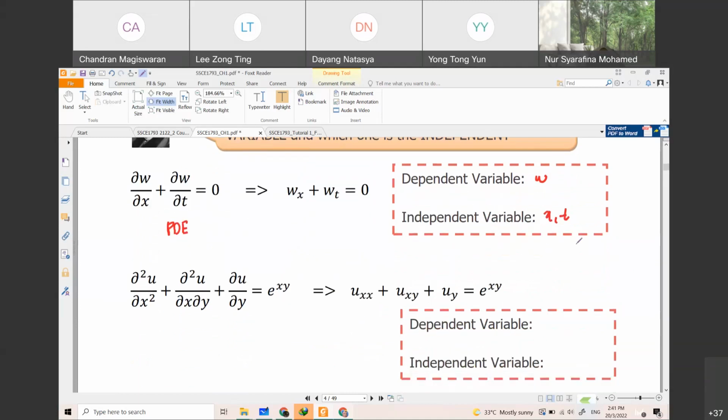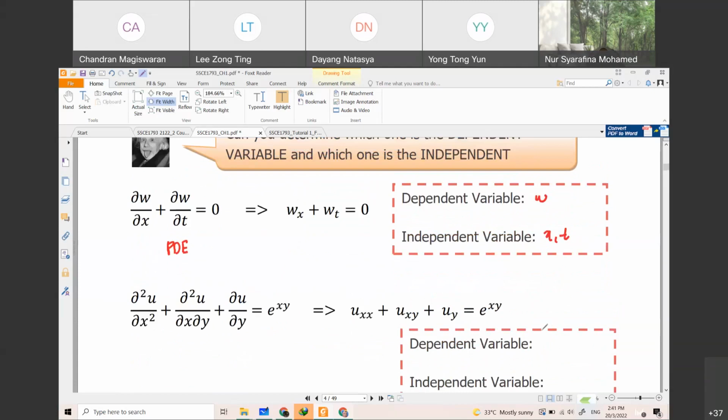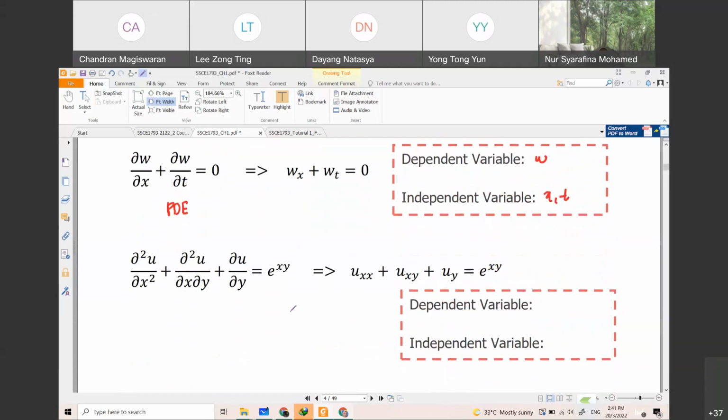Okay, what about this one? What is the dependent variable here? Okay, dependent is U, right? Good. And then the independent are K, X, and Y. So this is ODE or PDE?